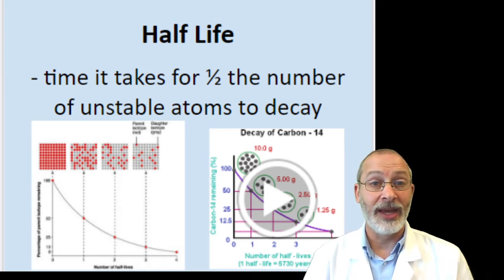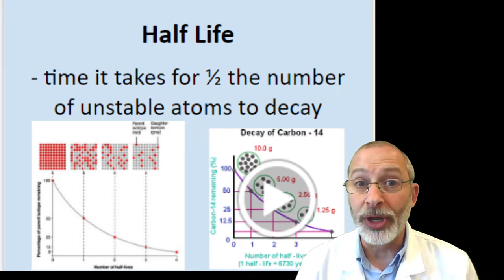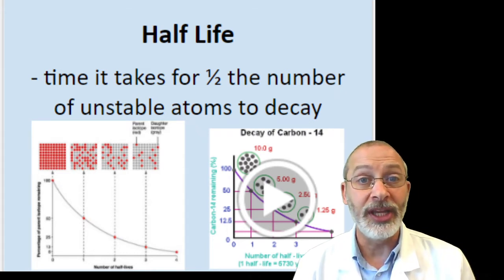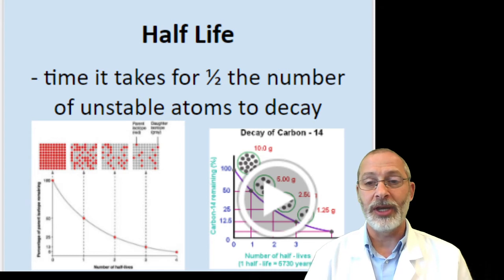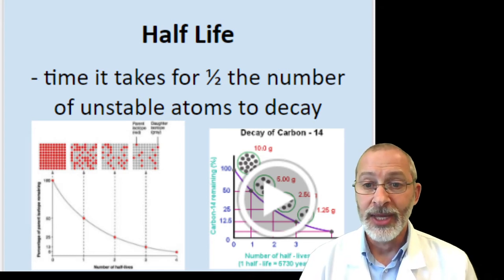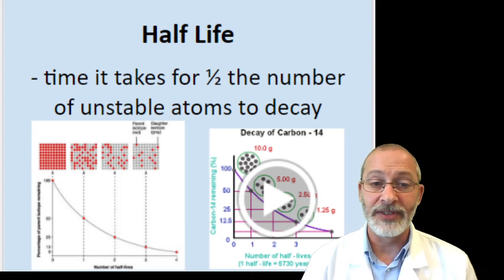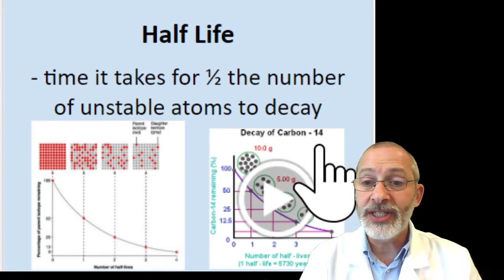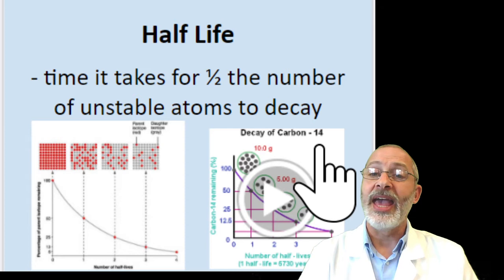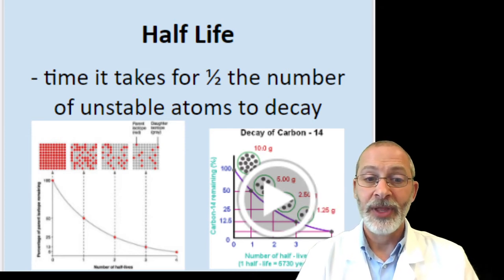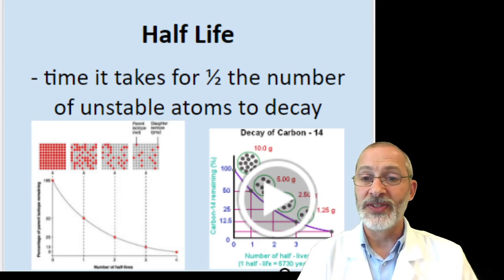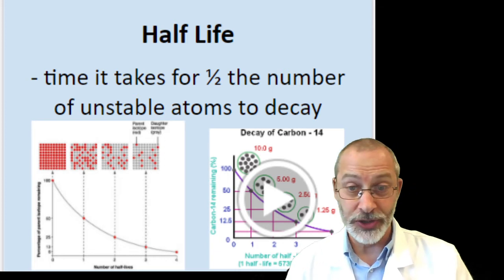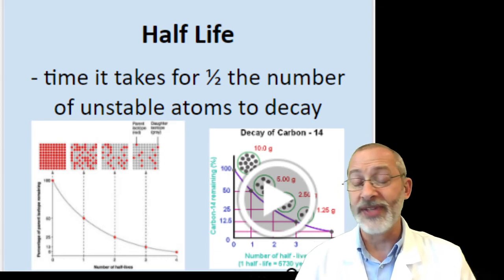And we have found that it is a pretty effective and a pretty accurate timepiece, a radioactive timepiece. And through lots and lots of tests, we have discovered that carbon-14 has a half-life of about 5,730 years. Well, what does that mean?